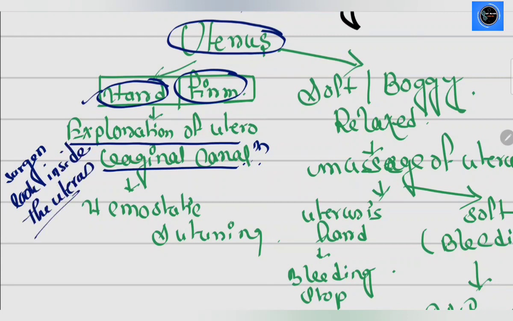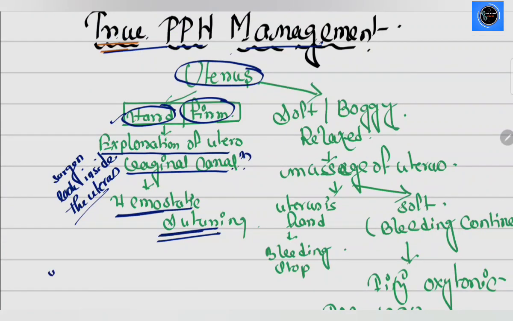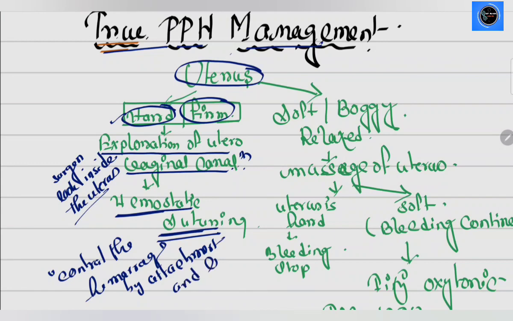After looking inside the uterus, hemostatic suturing is performed. By this hemostatic suturing procedure, you control the hemorrhage by attachment and compression of the hemorrhage site.